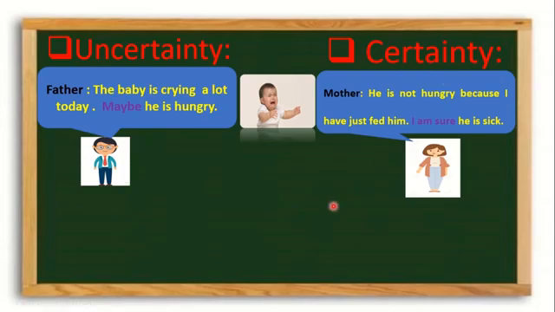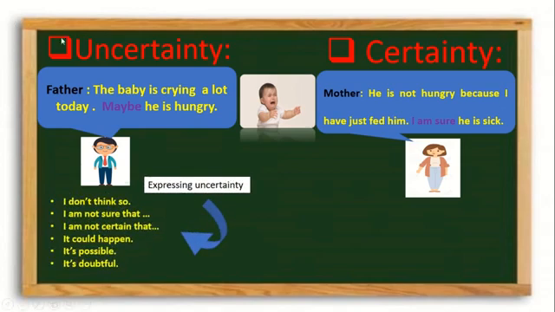There are some expressions we are going to see later. And the opposite: uncertainty means you are not sure of something. If somebody asks you about something which you are not sure about, you can respond using different expressions to express your uncertainty.